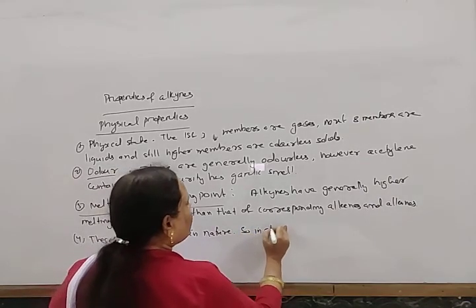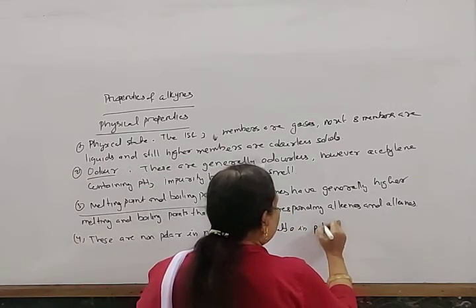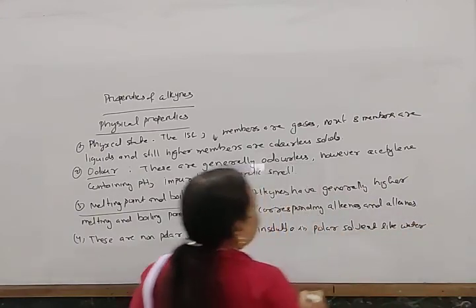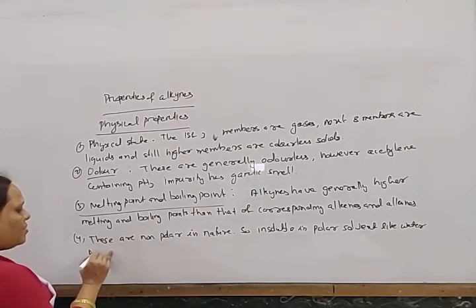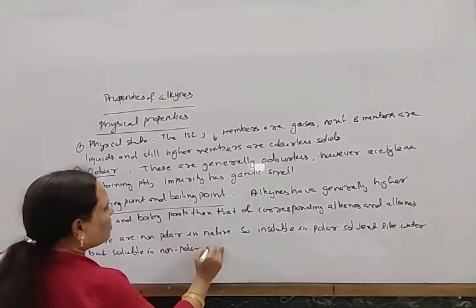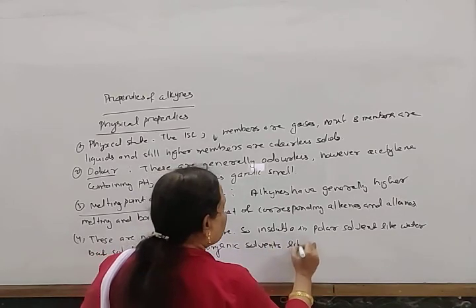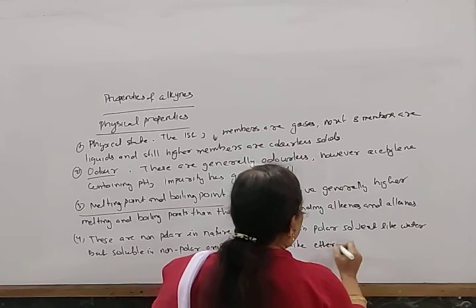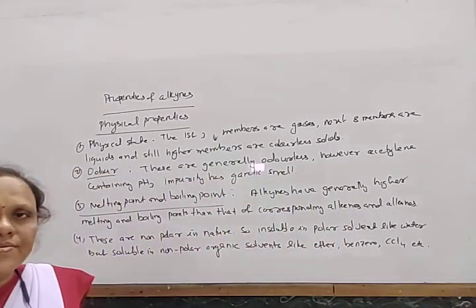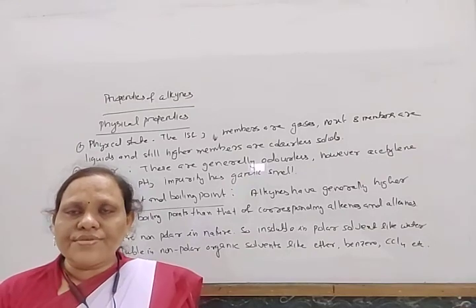So insoluble in polar solvents like water, but soluble in non-polar organic solvents like ethanol, benzene, CCl4, carbon tetrachloride, etc. So these are some ideas about the preparation and properties of alkynes.